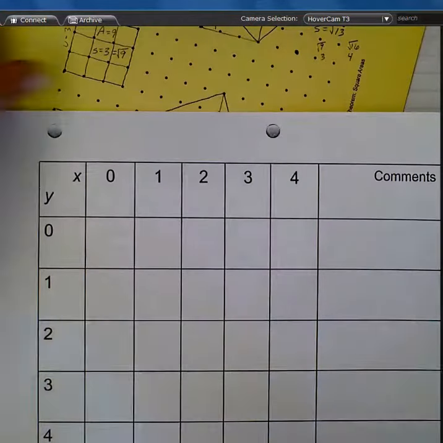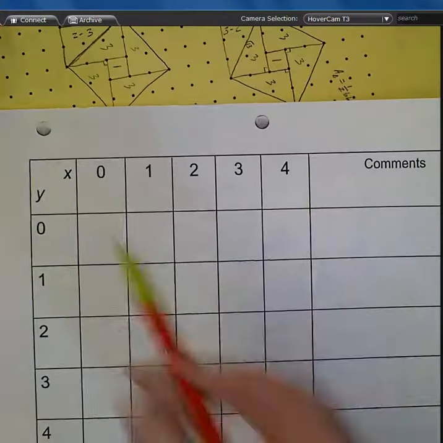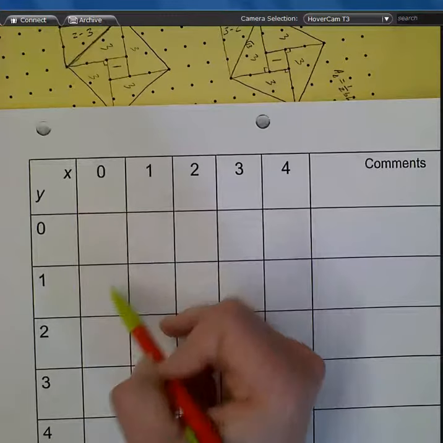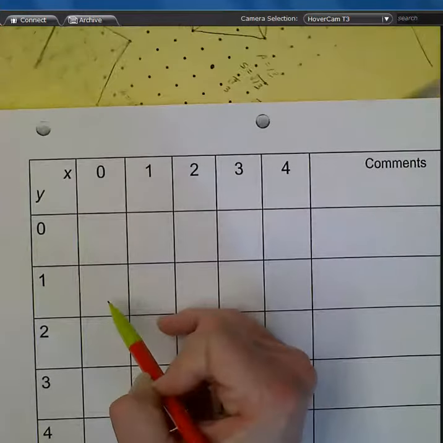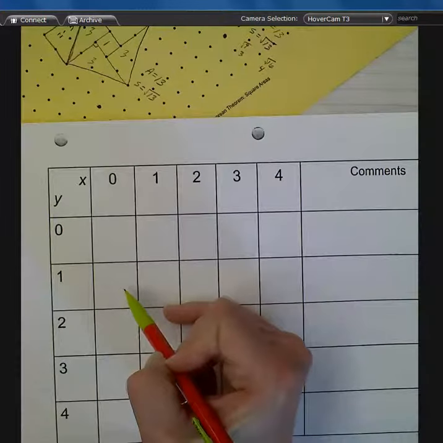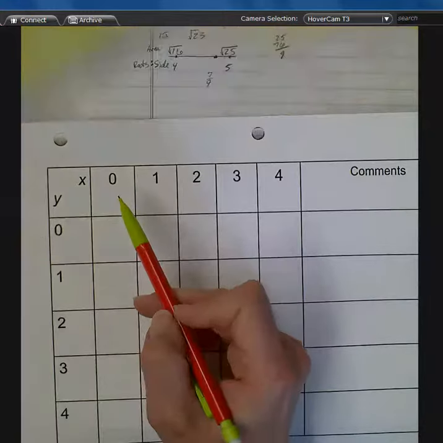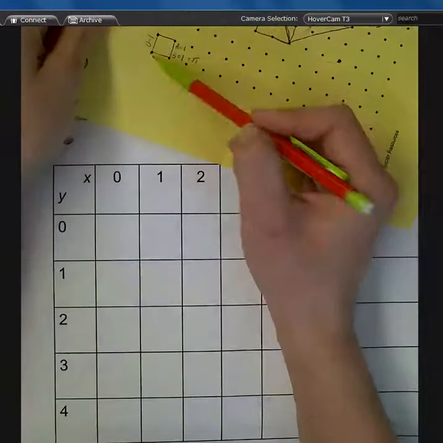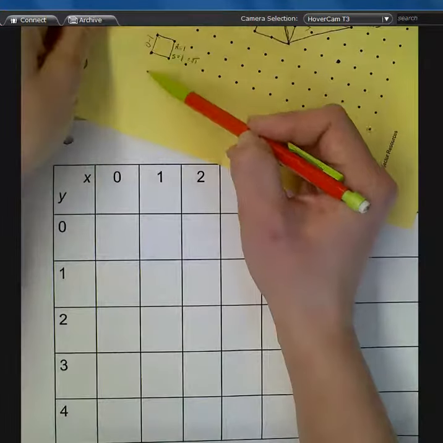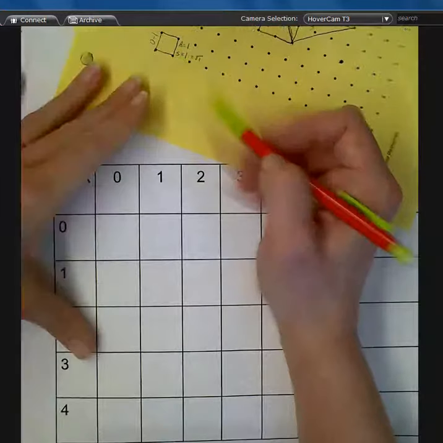On our paper, when x was 0 and y was 1, what was the area? Are you with me? When the x number was 0 and the y number was 1, what was the area? 1.